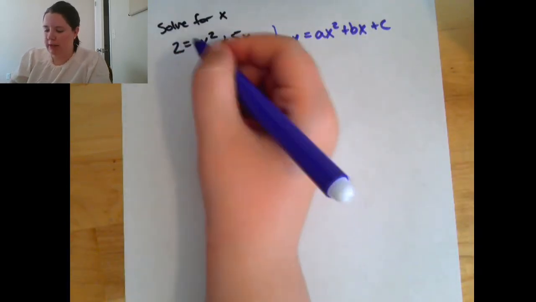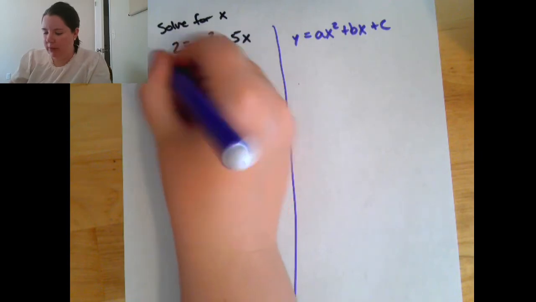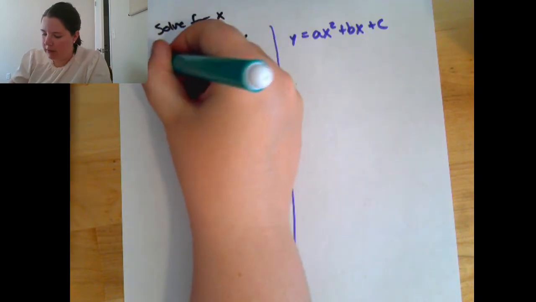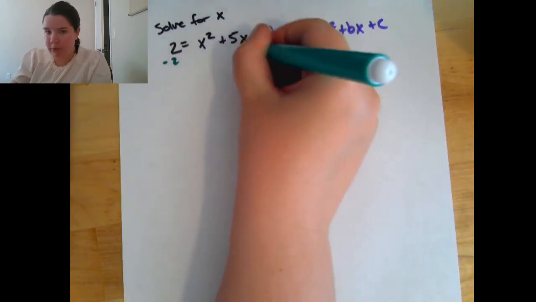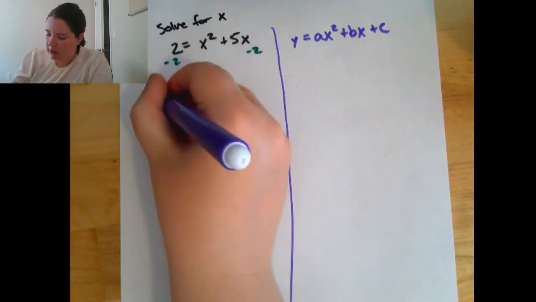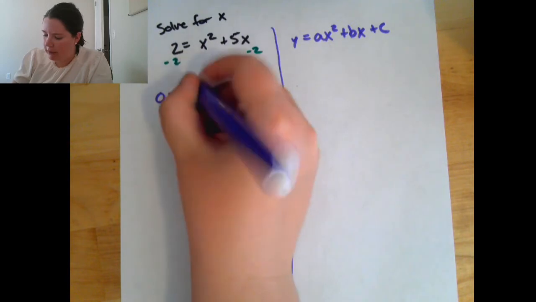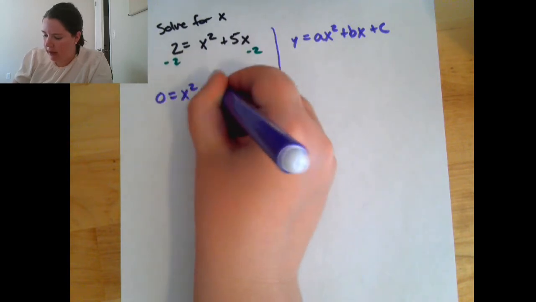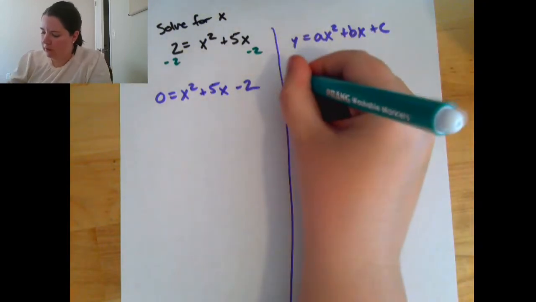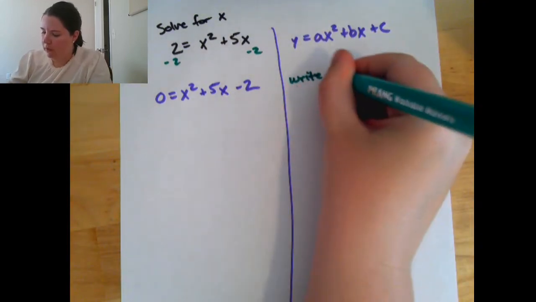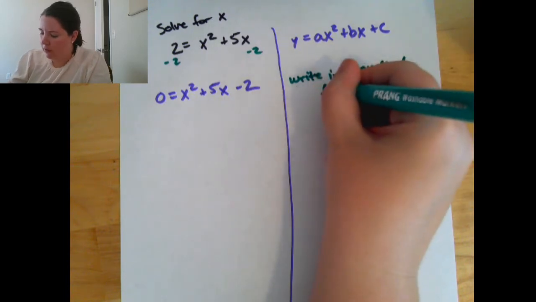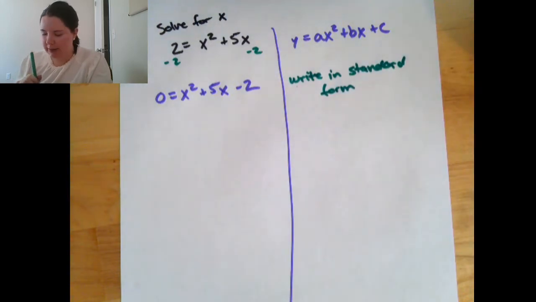This 2 is in the wrong spot, so I'm going to adjust for that by subtracting 2 from both sides of my equation. 0 equals x squared plus 5x minus 2. There we are. First step, write it in standard form.